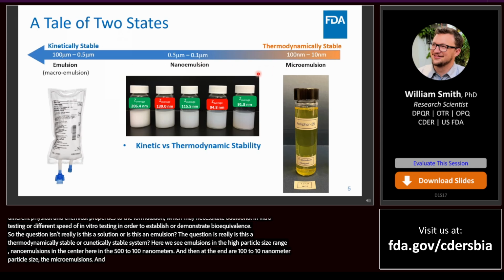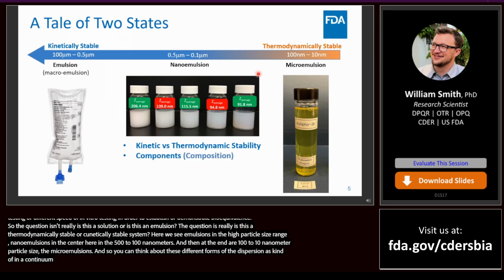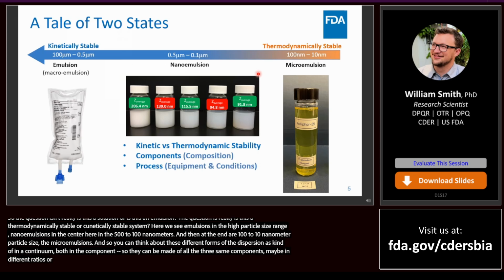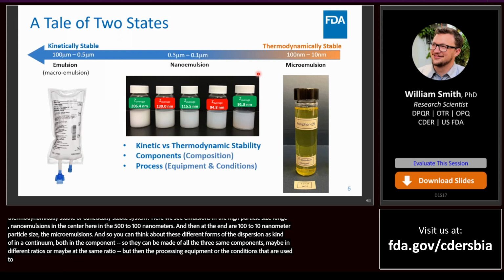And so you can think about these different forms of the dispersion as kind of in a continuum, both in the components, so they can be made of all the three same components, maybe in different ratios or maybe at the same ratio. But then the processing equipment or the conditions that are used to manufacture the particles or the dispersions can actually change the particle size.